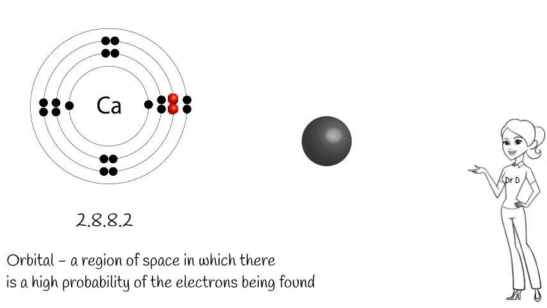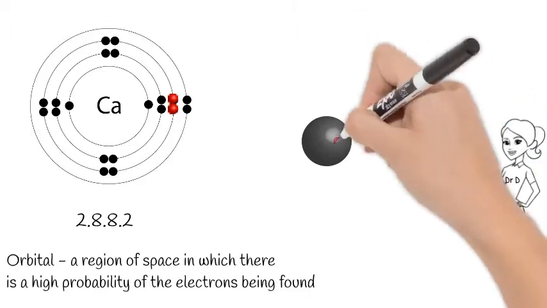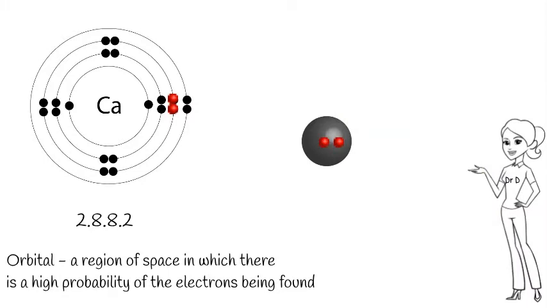This is spherical, so you can imagine a 3-dimensional ball, and that first shell just has this spherical 1s sublevel, in which 2 electrons can exist, and it will only take a maximum of 2 because that sublevel only has 1 orbital.